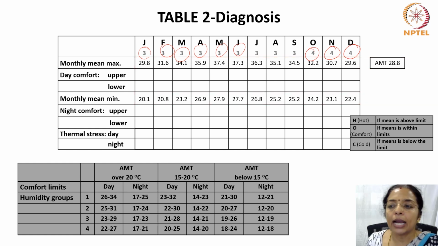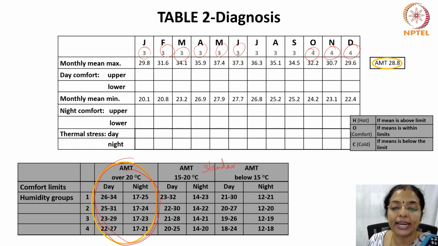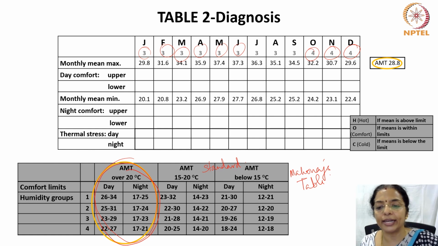Then after this, what you should do is, you should write the AMT and check with the AMT given in this table. This is a standard table, so this is not something which you can enter. Everything which is gray in color is standard, which is part of Mahoney's table, whereas all the non-gray white ones are where you have to enter the data.